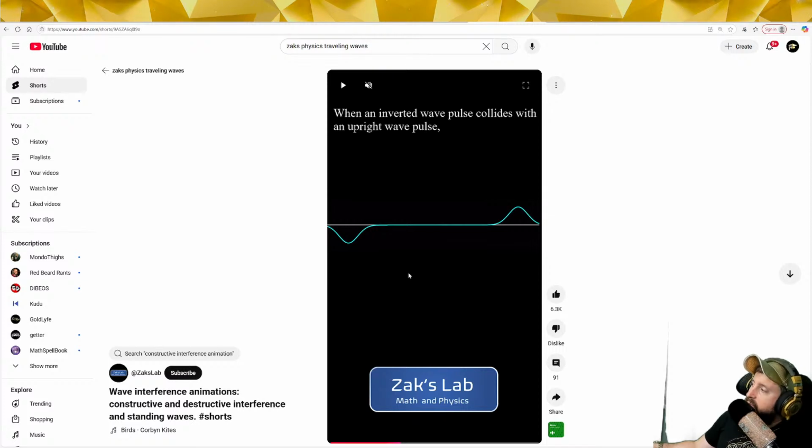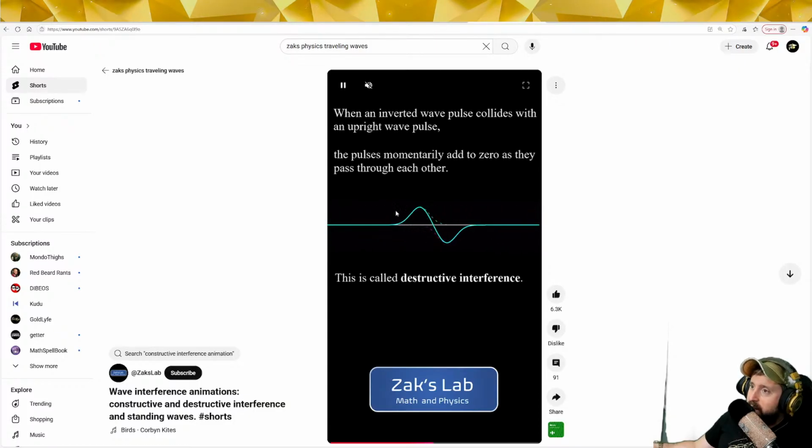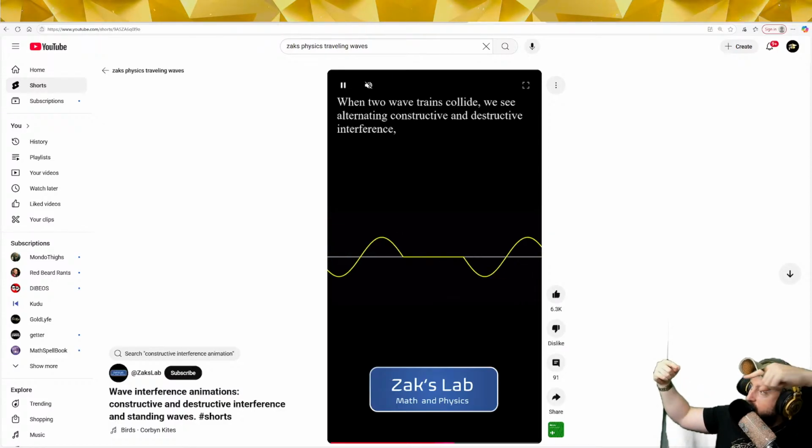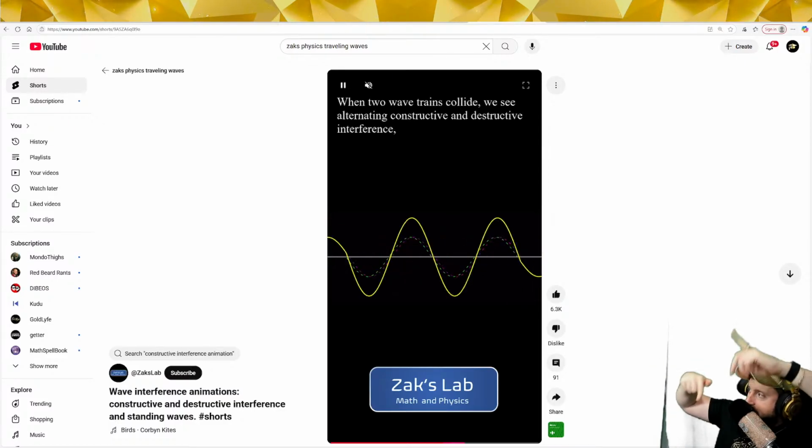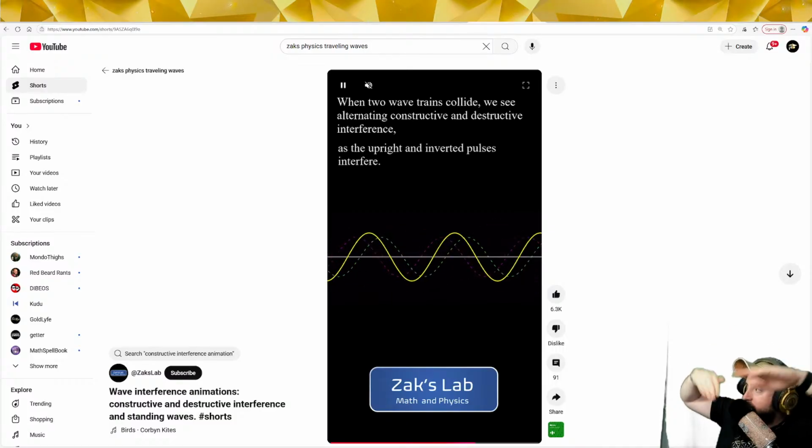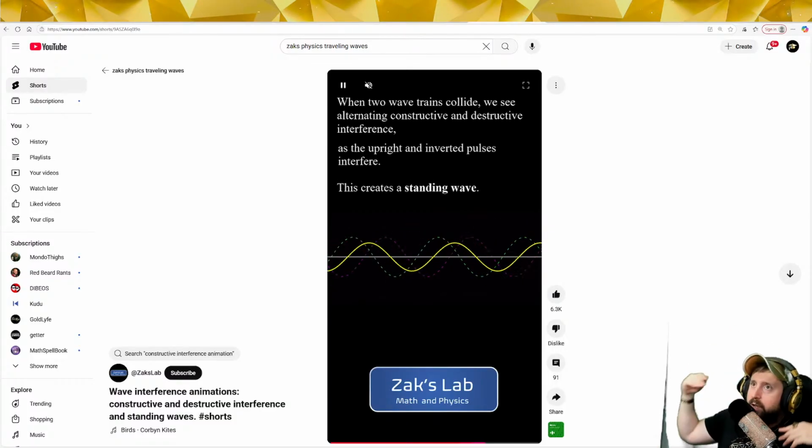Resonance is 100% a standing wave. That's what we talk about when we talk about resonance. It's when two waves are hitting each other at a certain rate that causes it to look like it's not really moving at all.